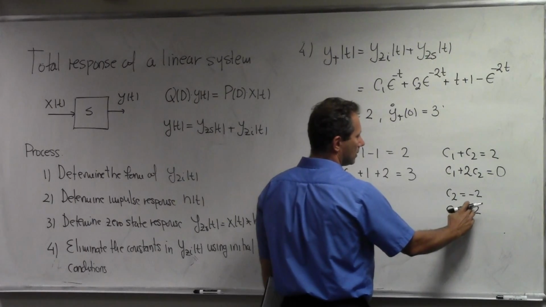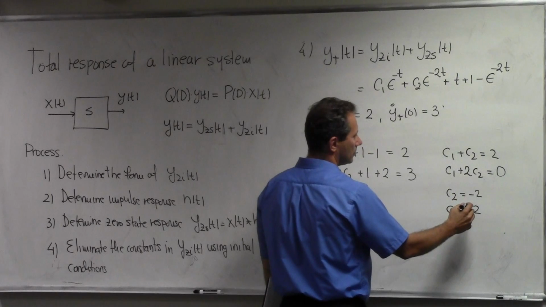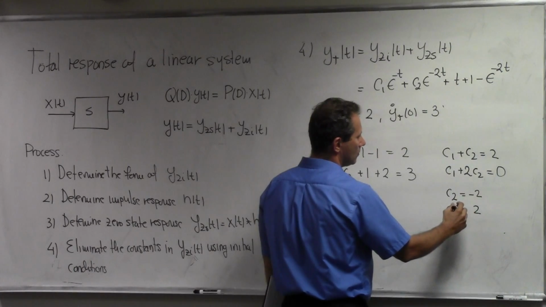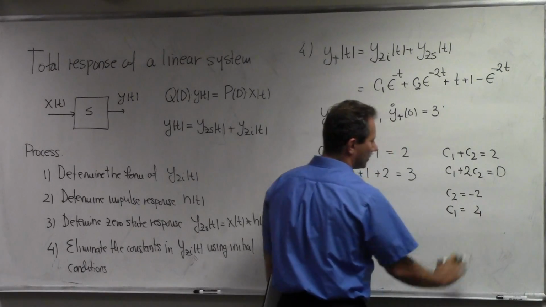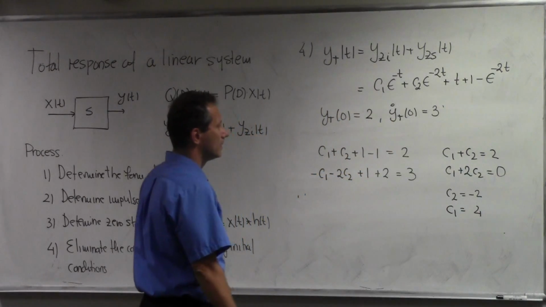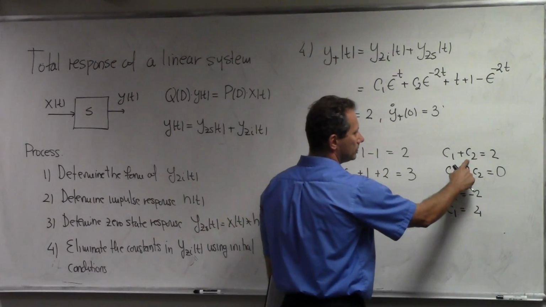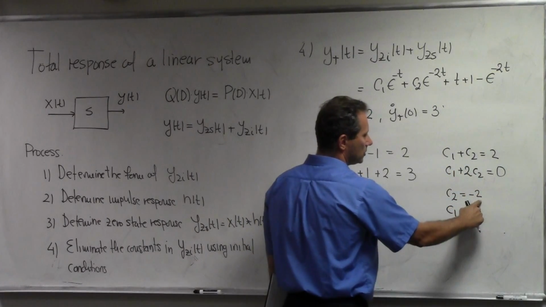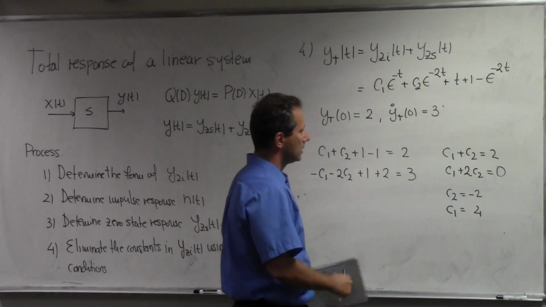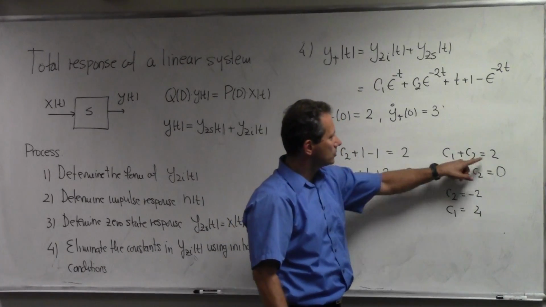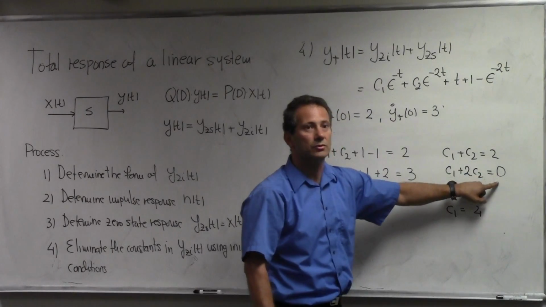So C2 is equal to minus 2, and C1 is equal to 4. Yeah, that's good. So 4 minus 2 is 2, and then 4 plus 2 times minus 2 is equal to 0.